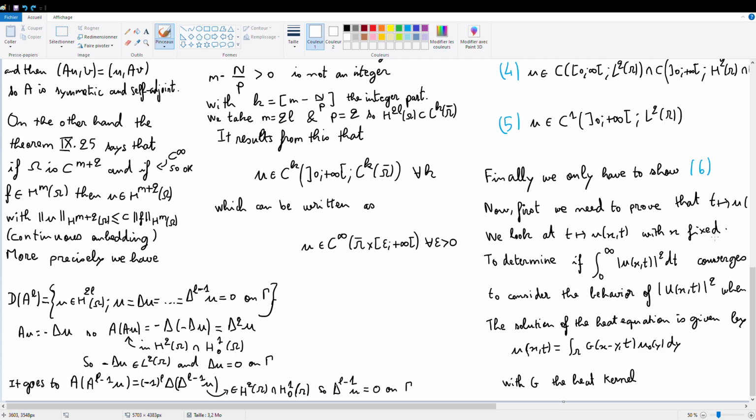It goes to the following equality, and so Laplacian^(l-1) of U is in H2 of omega intersected with H1 0 of omega. So Laplacian^(l-1) of U is equal to 0 on gamma.